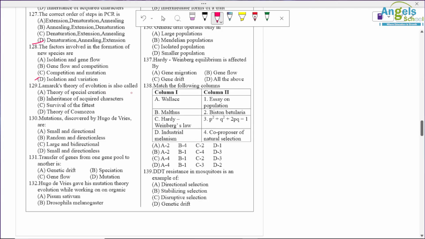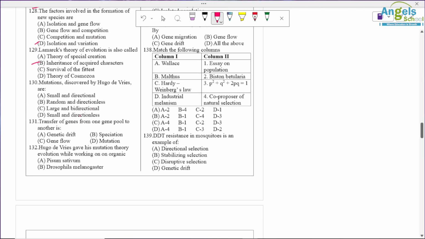Lamarck theory of evolution is also called inheritance of acquired characters. Mutations, according to the mutation theory discovered by Hugo de Vries, are random and directionless. Transfer of gene from one gene pool to another is called gene flow.